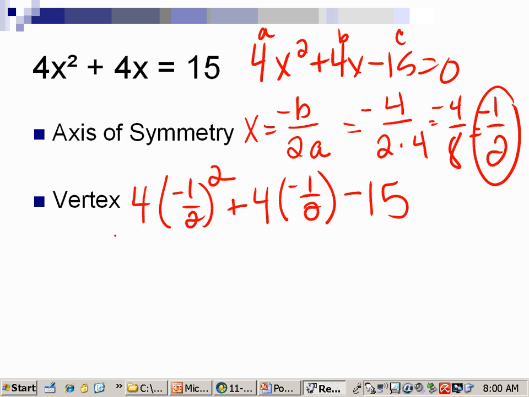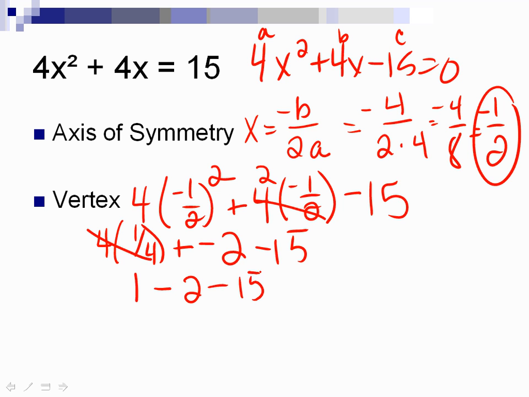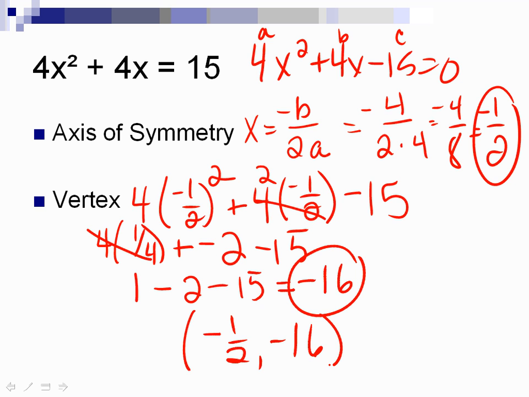Negative times a negative is a positive. So that's going to be 4 times 1/4 plus 2 goes into 4 2 times. That gives me negative 2 minus 15. 4 times 1/4 is 1. So this is 1 minus 2 minus 15. And what is that? Negative 16. So my vertex is what? Negative 1/2, negative 16.